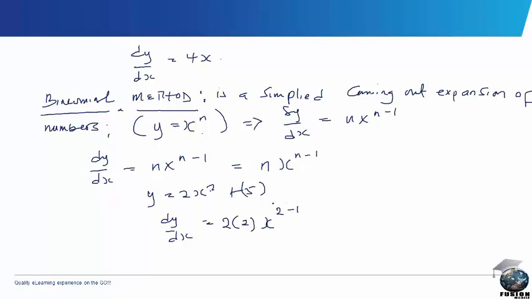Then you add plus 0 because differentiating a constant value gives 0, and so this is 2 times 2, you have 4, and then x to the 2 minus 1, plus 0, which is equal to 4x, the same thing we had as our dy/dx earlier. Just look at it, it's the same value.